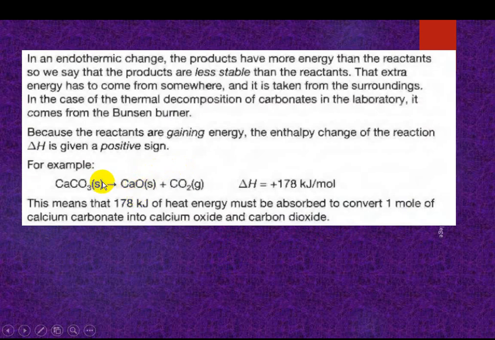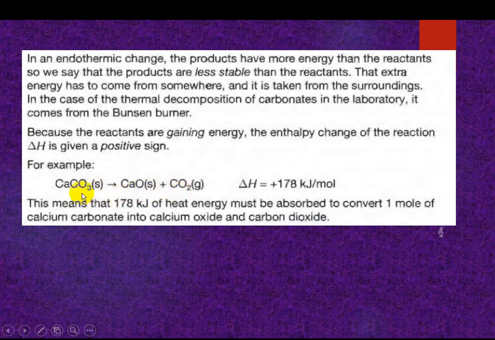Look, this is an endothermic reaction. Here delta H is positive. Delta H is positive for this reason: energy is gained from the surroundings. When calcium carbonate is heated, it must be given heat. If we supply heat, this calcium carbonate breaks down into calcium oxide and carbon dioxide.